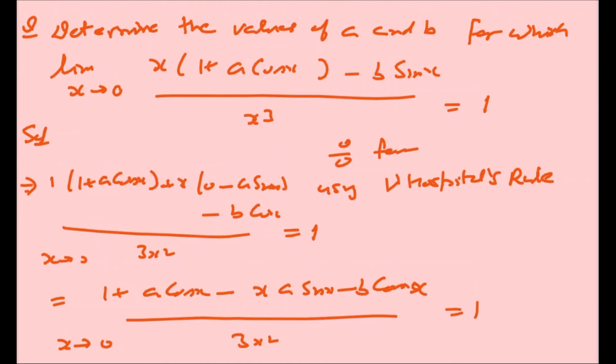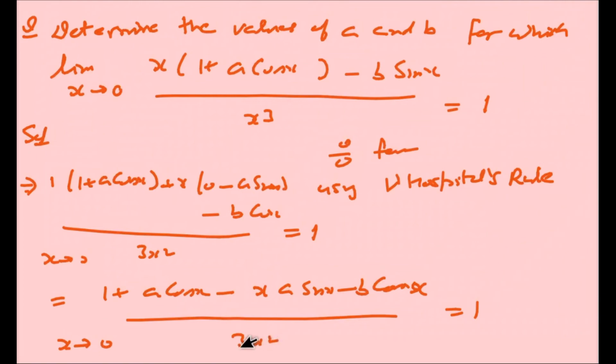Now you can see here, as x tends towards 0, the numerator of the LHS tends to 1 plus a minus b. Putting the value of 0, we get 1 plus a cos 0, which is 1, and minus b cos 0, which is 1. But the denominator is equal to 0.